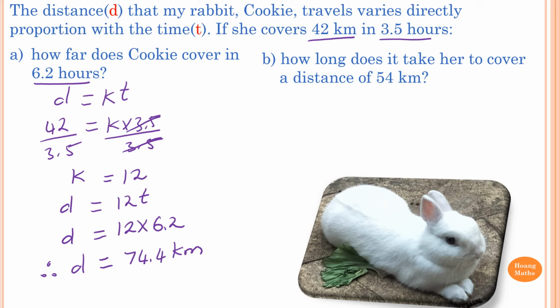So first of all, we know the rule is D is equal to 12T. Now this time, the distance D is equal to 54. So we just put this in, 54 is equal to 12T. So what we do is we divide this by 12, and we divide the right hand side by 12 as well.